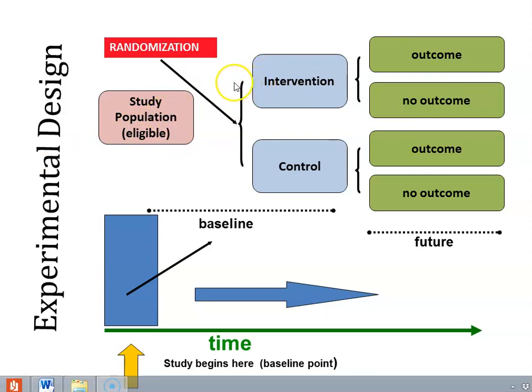That is, the researcher intervenes here, the researcher decides and gives exposure to one group and not to the other group. Now the exposure is not actually a risk factor, but it is some intervention, some experiment. For example, exposure to a new drug that the researcher thinks can be more beneficial to the patients.